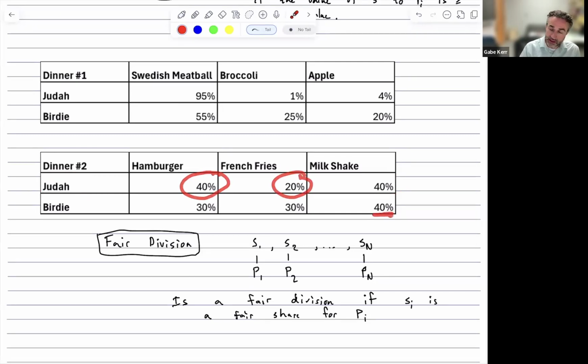And whatever that is, it's going to be less than a fair share. If it were the milkshake, that's less than a fair share. If it were French fries, that's less than a fair share. And if it were the hamburger, that would be less than a fair share. So every possible hopeful fair division that I could try to come up with fails to be a fair division. So it's just a division, but not fair.